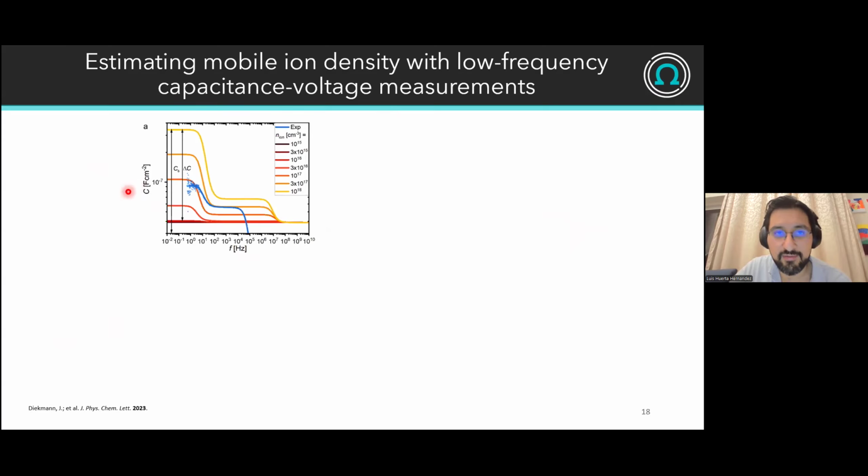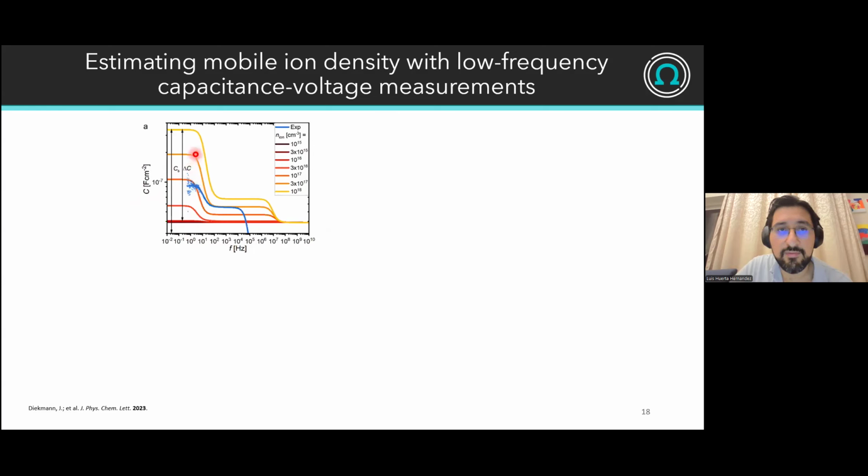This technique is based on the fact that the capacitance of a perovskite device at low frequencies increases dramatically. You see here these capacitance versus frequency curves. When you have a frequency around 10 hertz or 1 hertz, you see this step increase in the capacitance.